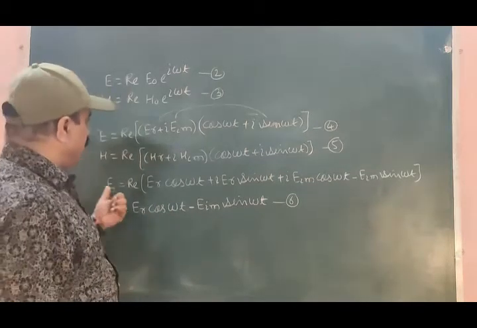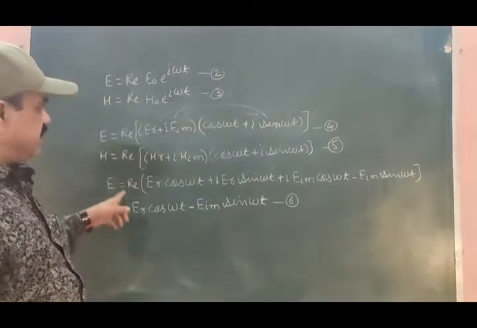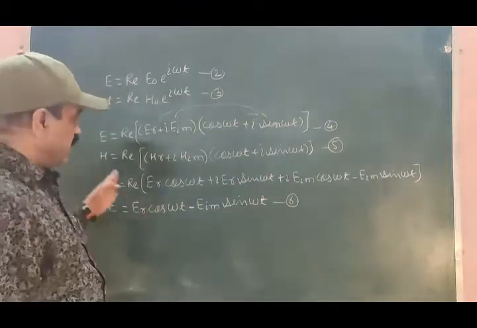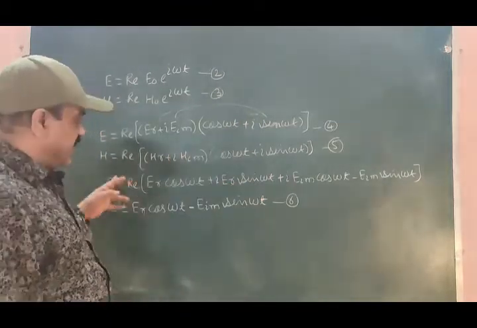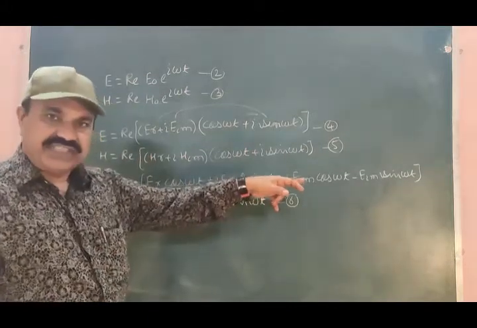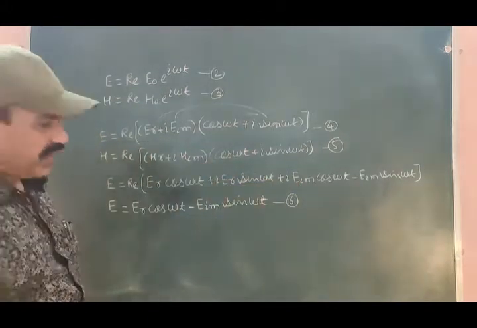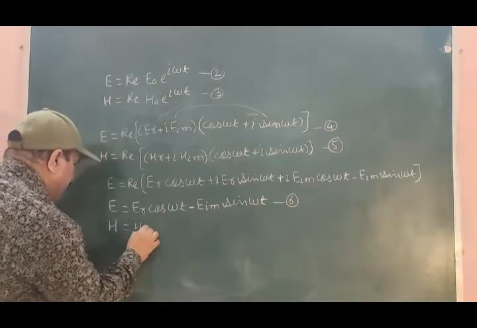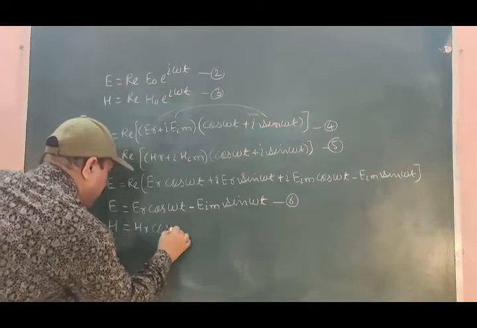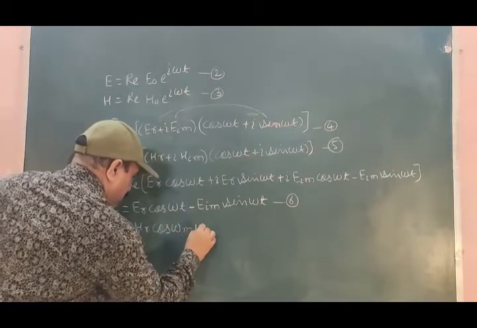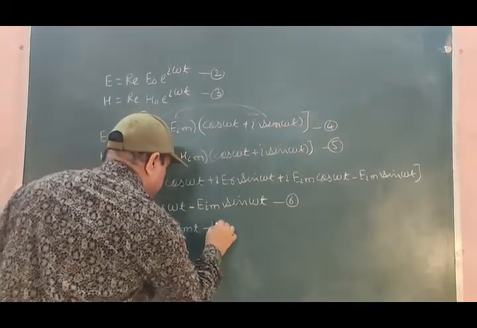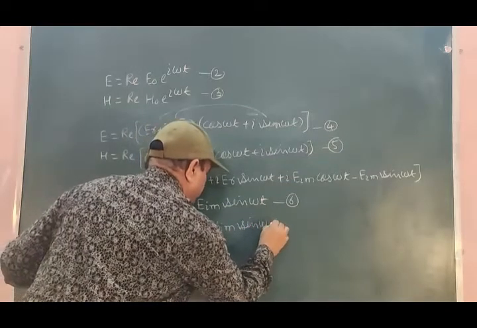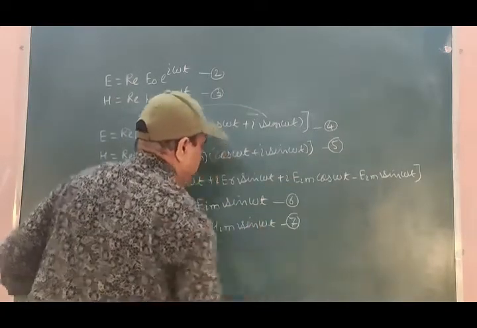Similarly, we can go for equation number 5. Taking into consideration equation 4, we arrived at equation 6. Now, when we consider equation 5 and solve it the same way we solved equation 4, H will be equal to HR cos omega t minus HIM sin omega t, equation number 7.